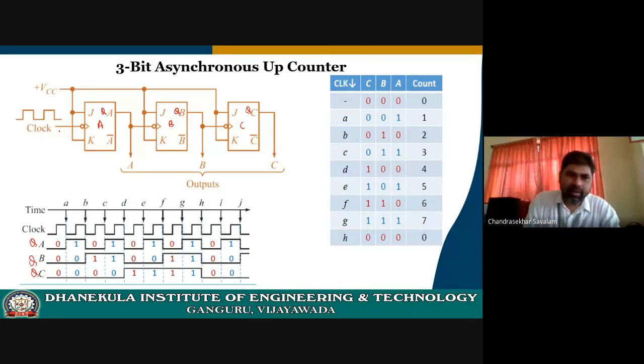Here the clock is not applied to all the flip-flops simultaneously. The first clock is applied to only one flip-flop, and the output of the first flip-flop is connected to the clock of the next flip-flop. This kind of structure you simply call an asynchronous counter or asynchronous circuit. Okay, students?